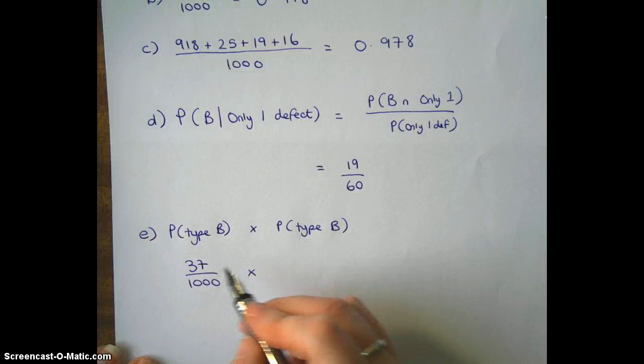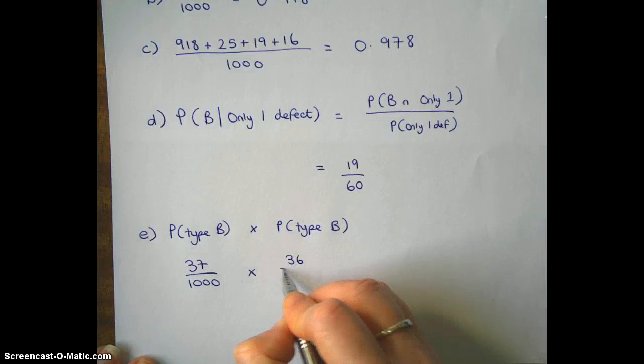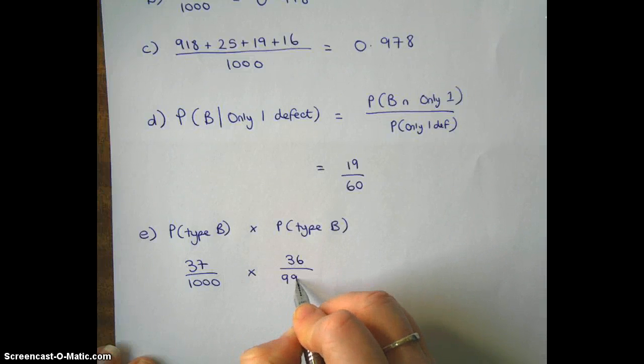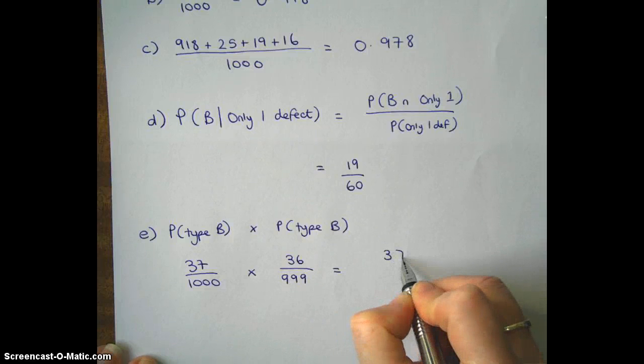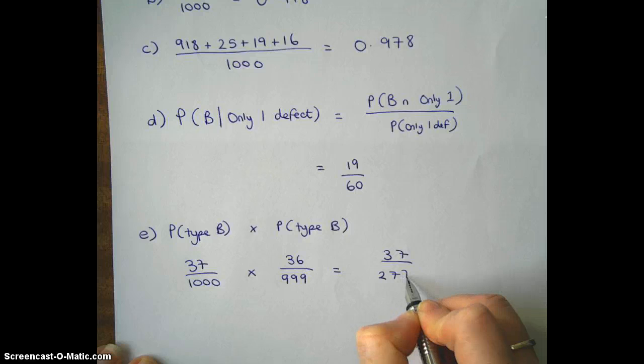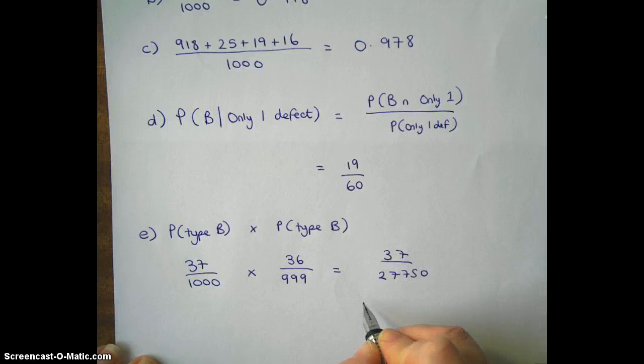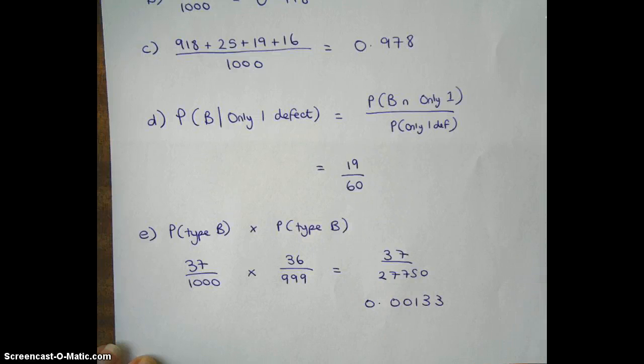If you've already taken one of those out, the next probability is going to be 36 out of 999. And that calculation comes out as 37 over 27750. Or if you want it as a decimal, it's 0.00133 as your final answer.